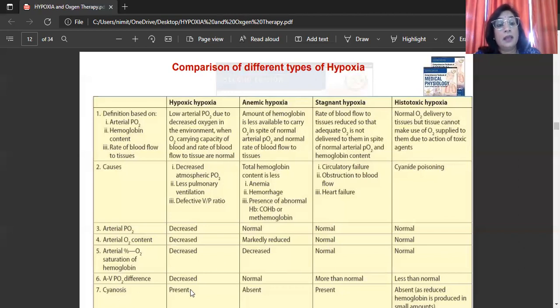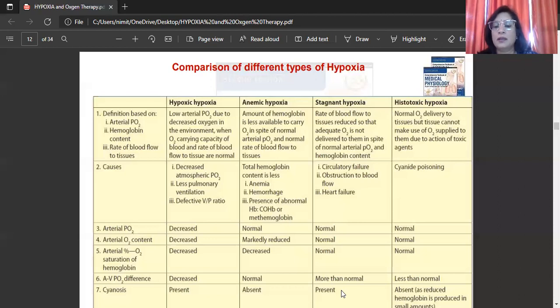Cyanosis: in hypoxic hypoxia, it is present. In anemic hypoxia, it is absent. In stagnant hypoxia, it is again present.